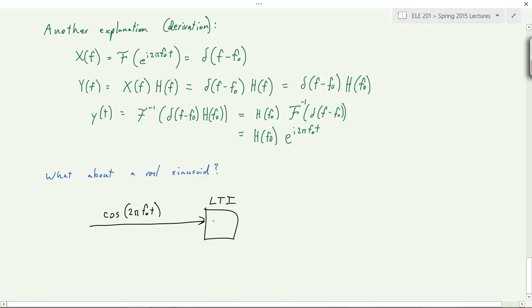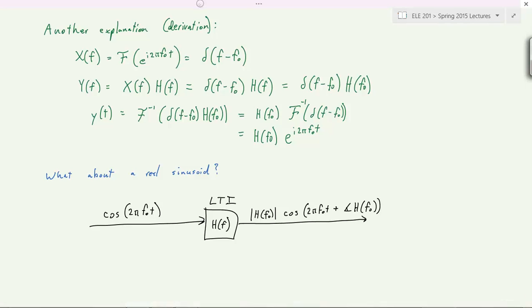It's got H. I'm going to just write H of f to describe it. And what comes out? We've done this sort of calculation before. The magnitude of H is going to scale the cosine. And the phase of H is going to become a phase inside the cosine here, a phase offset.